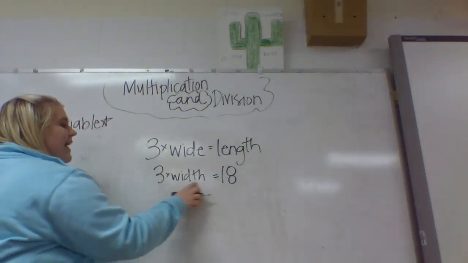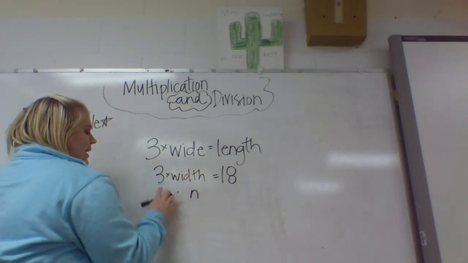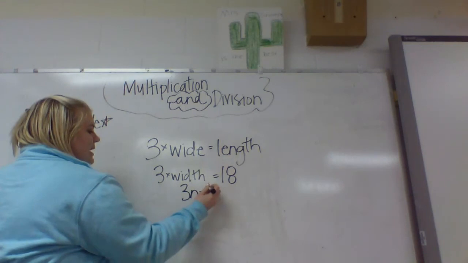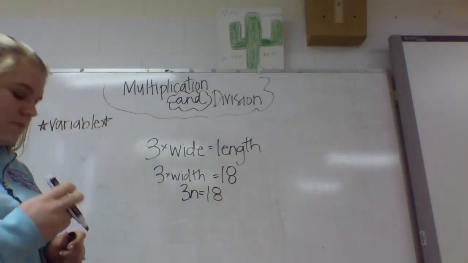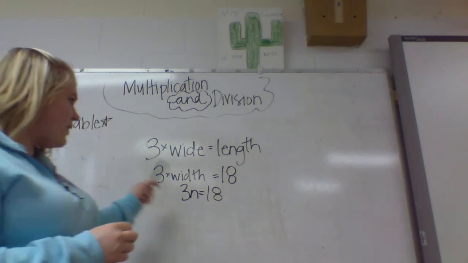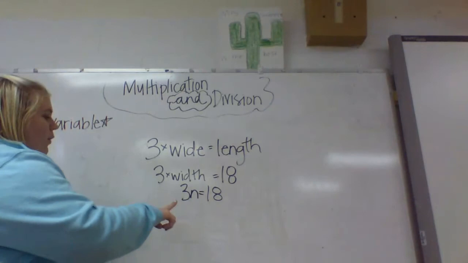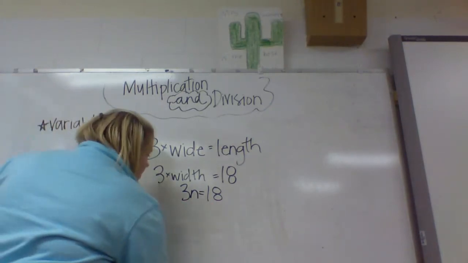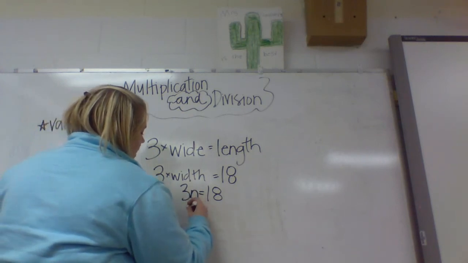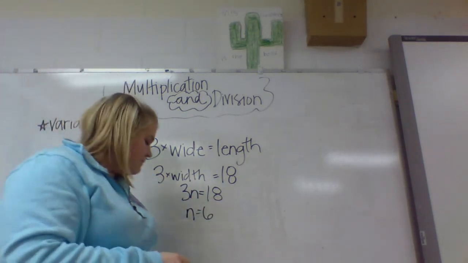The width is our unknown, so we're just going to call it n. 3 times n equals 18. Some of these word problems, you just have to figure out what they're asking and put it in the equation. Now if you wanted to solve that equation, 3 times what equals 18? We know 3 times 6. So n is 6, which means Gilda's cake is 6 inches wide.